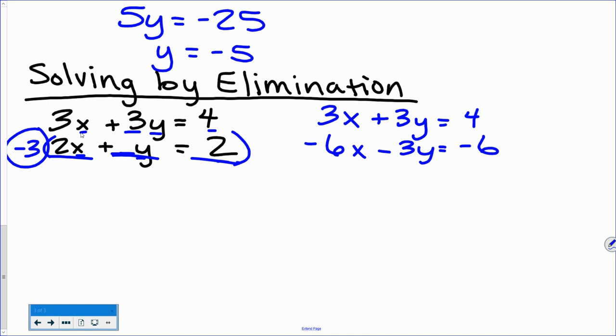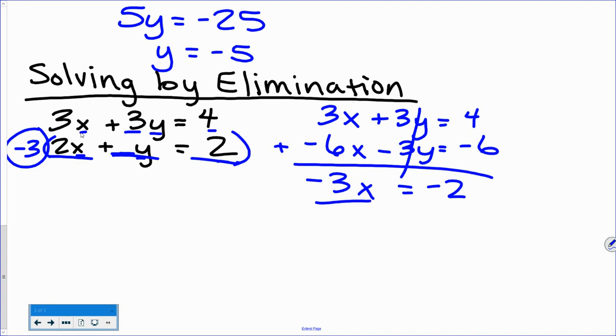Okay, so now I'm doing a little addition problem. I'm adding these vertically up and down. So I've got 3x minus 6x for -3x. The y's would cancel out. And then 4 plus a -6 would be -2. And now I'm left with just one variable.